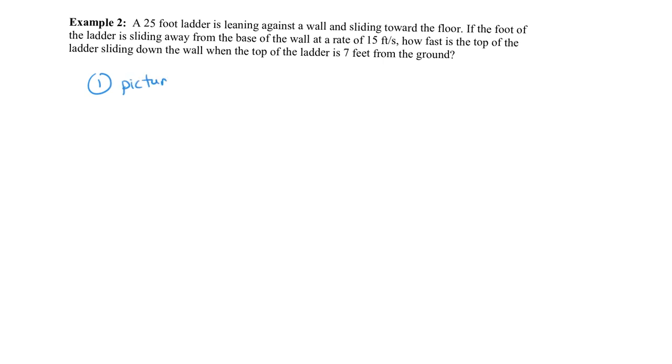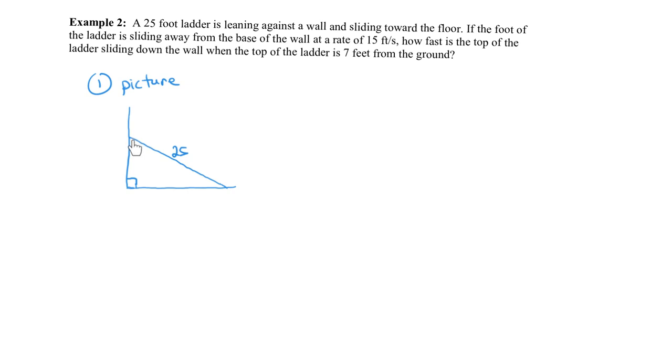let's just draw a picture of this so we can get a feel for what's actually happening. So we've got this wall here, we've got the ground, a right angle, a 25-foot ladder, and it says the foot of the ladder is sliding away from the base of the wall at the rate of 15 feet per second.